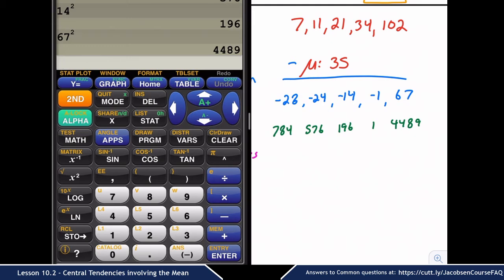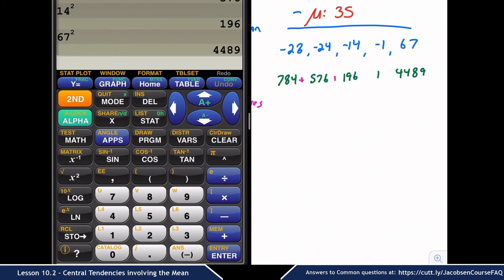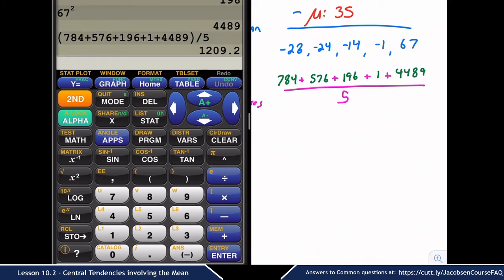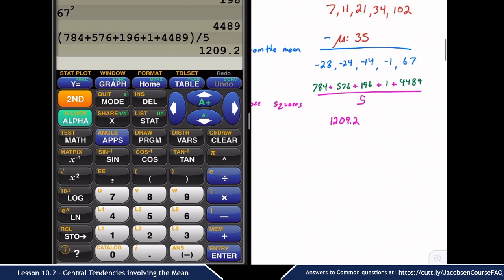With each of those 5 numbers, we need to find its arithmetic average, which involves us adding up each of those squares and dividing it by the number of terms that we have, which is 5. So if we do 784 plus 576 plus 196 plus 1 plus 4,489, and we divide that by 5, we should be getting 1,209.2 as our term.